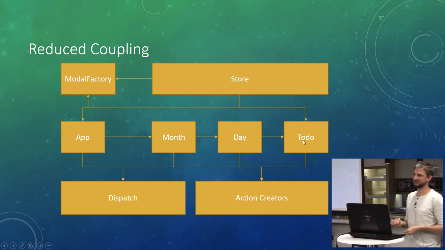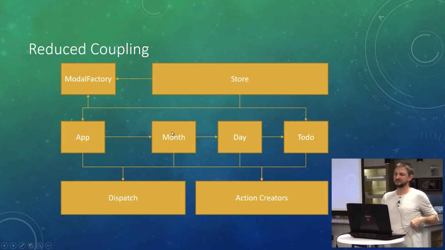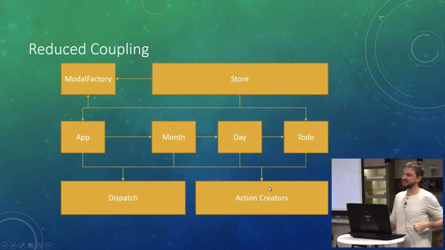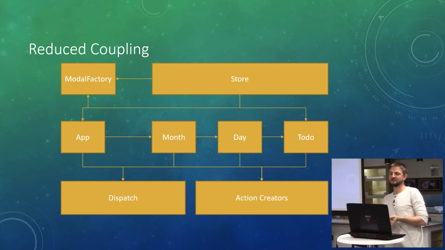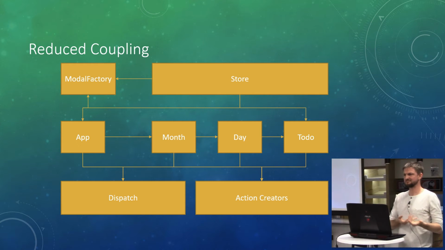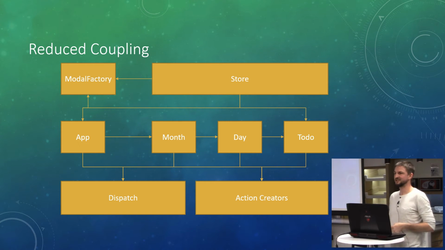It becomes painful very quickly. So now we can just import the action creators to our application and immediately dispatch actions to our store, we skip a lot of stuff that we didn't need to do. And we all know coupling is bad and high cohesion is good.